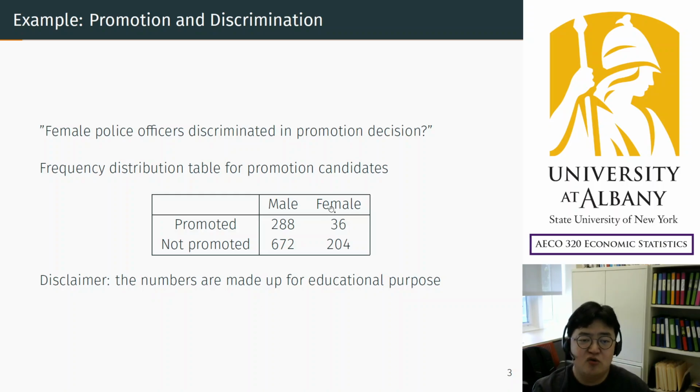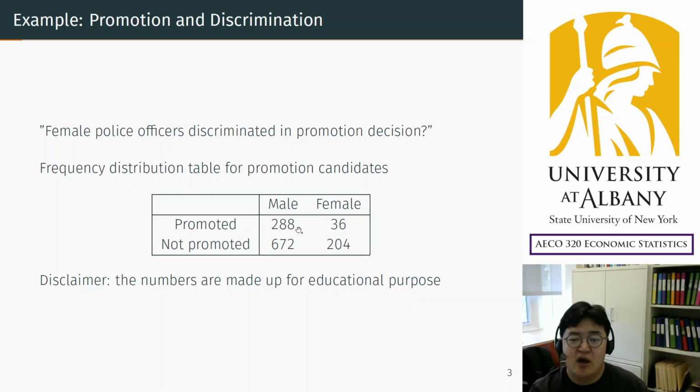Suppose that you obtain data and the frequency table you calculated from the data is given like this. Among candidates in some certain period in the past, there are four types of police officers according to gender, male or female, of course, and based on their promotion decisions, you can classify them as those who are promoted and those who are not.